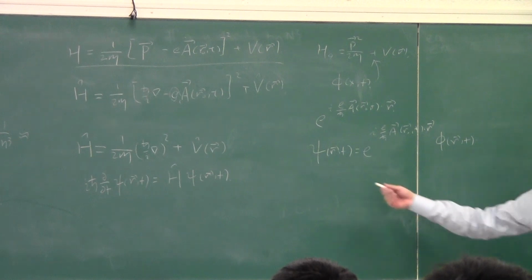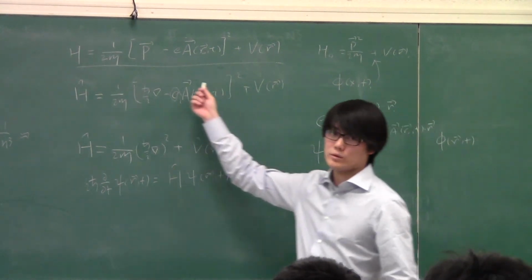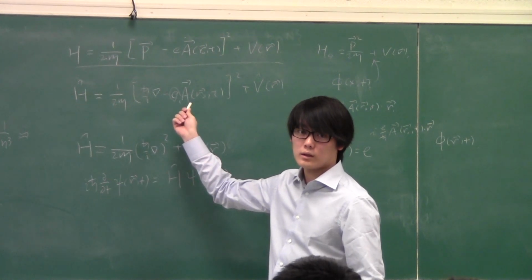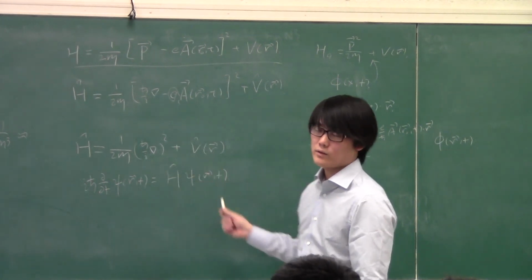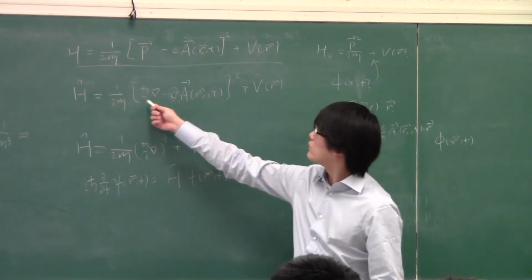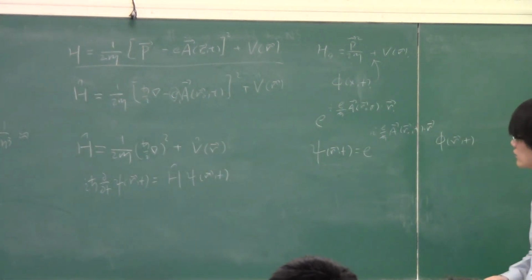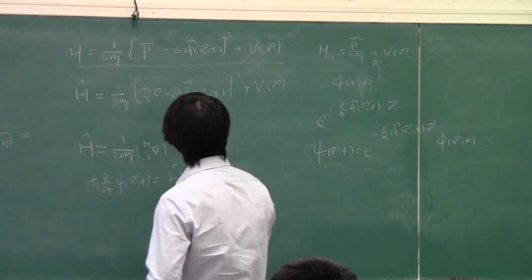Then this wave function is going to satisfy this Hamiltonian. Right. Because I've shifted in the momentum, so I need to attach this phase factor. So I will from here. Okay.